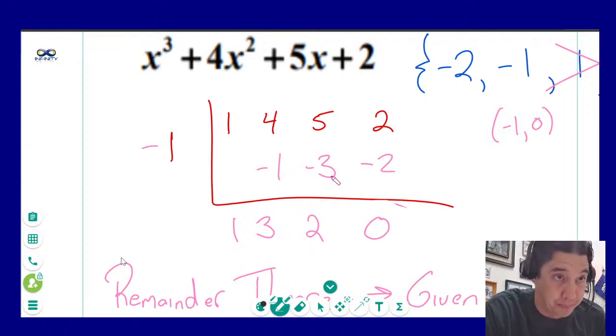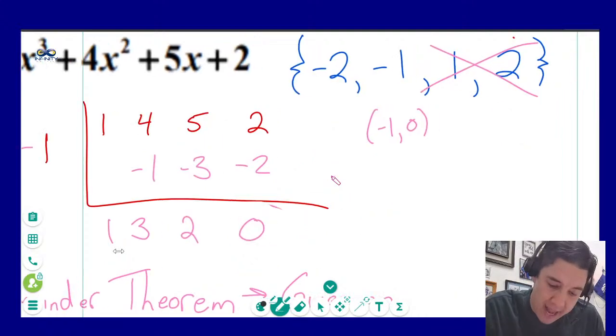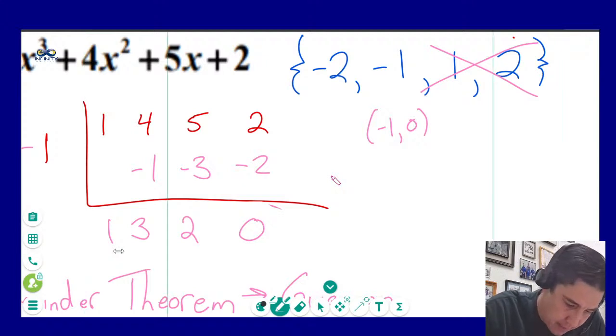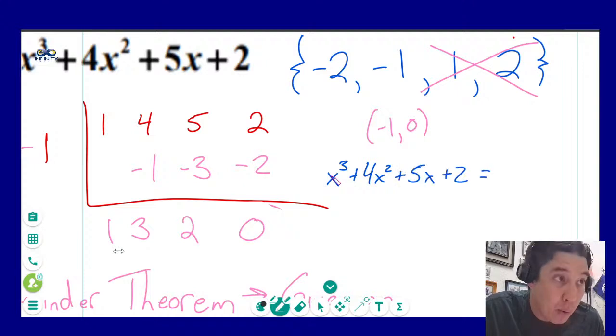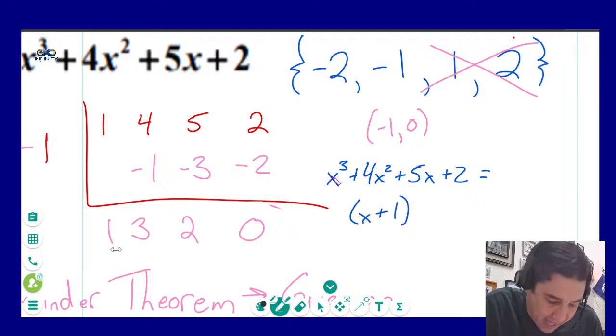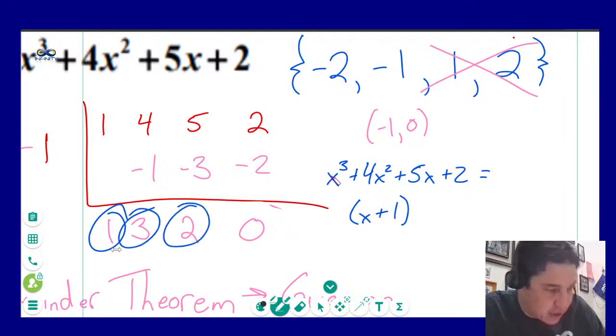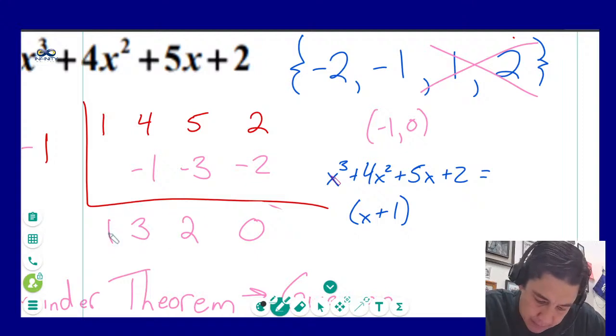Now, you should know from previous lessons that when I have this as the root, let me change to blue so you can see what I'm writing now, that x to the third plus 4x squared plus 5x plus 2 is equal to x plus 1, since my root is negative 1. And then these are my 3 coefficients. So I'm going to be times x squared plus 3x plus 2.